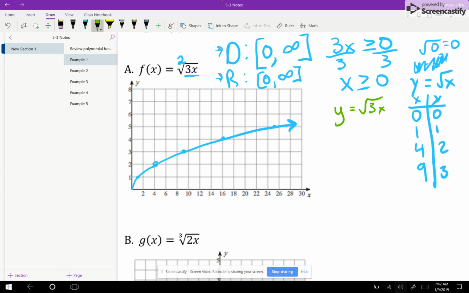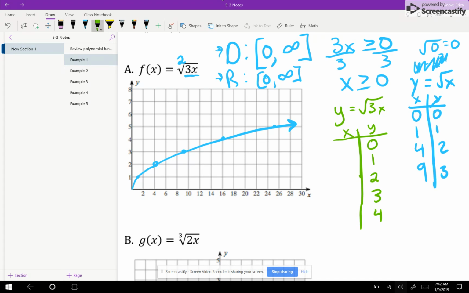So with this one, we're going to start out just like we did last time with our x and y chart. I'm going to do the same thing with my y's. I'm actually going to plug those in first and solve for x so that I know where to put them.